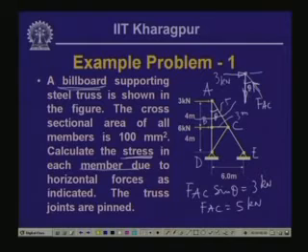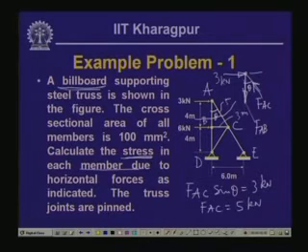If we take the vertical equilibrium of the forces, so FAC cos theta, and if we call this force FAB, then FAC cos theta minus FAB is equal to 0. That is the vertical equilibrium.